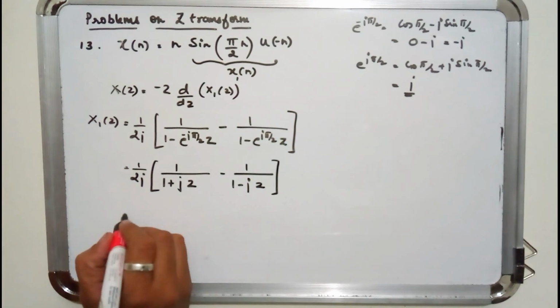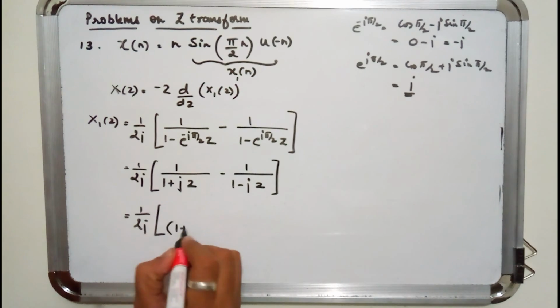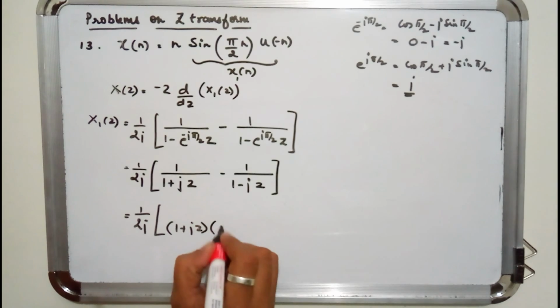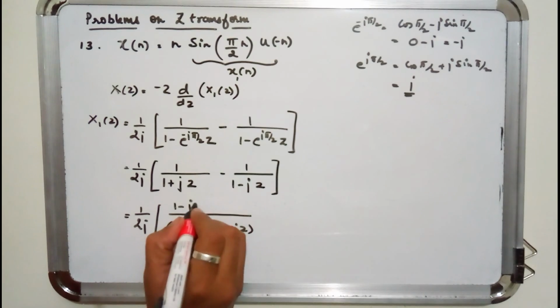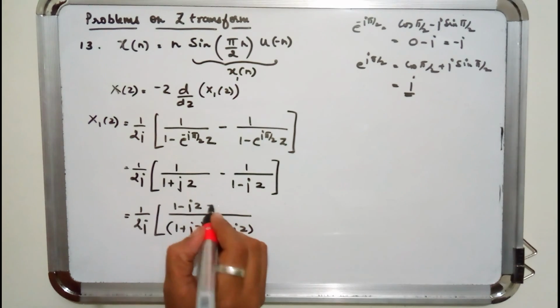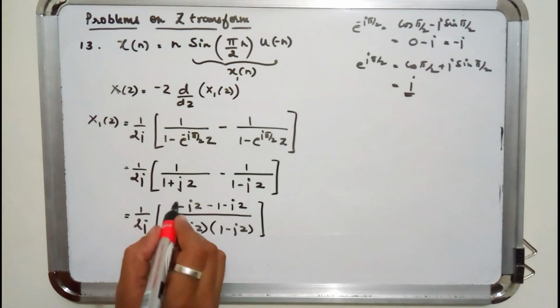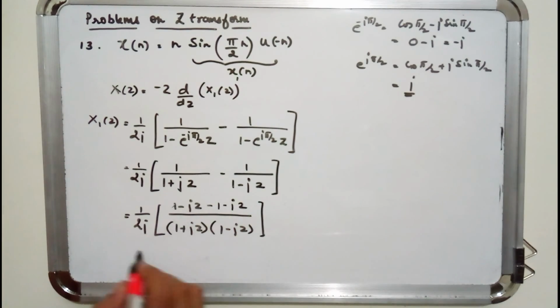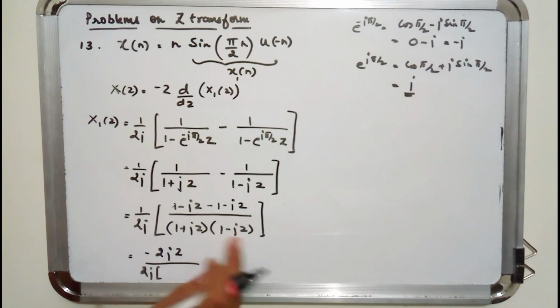Now if I take the common denominator, 1 by 2j into 1 plus jz into 1 minus jz. So here I will be getting 1 minus jz minus 1 minus jz. So 1 gets cancelled. I will get minus 2jz divided by 2j into, what I get here is a plus b into a minus b, it is 1 square minus b square.